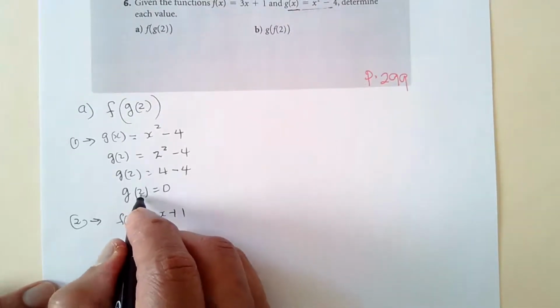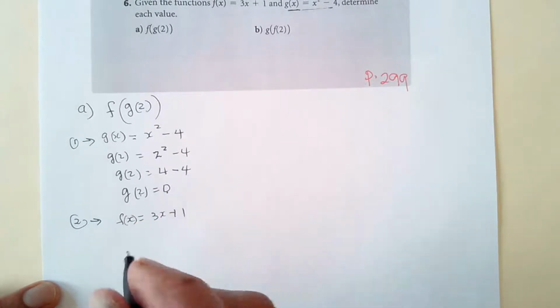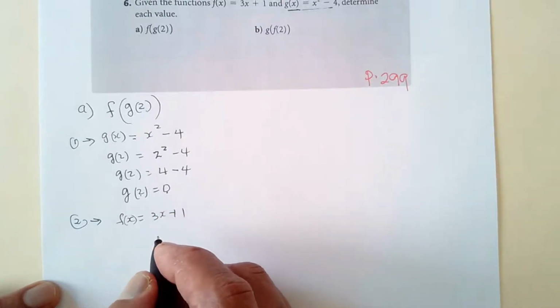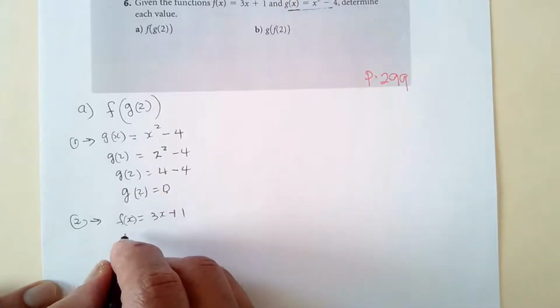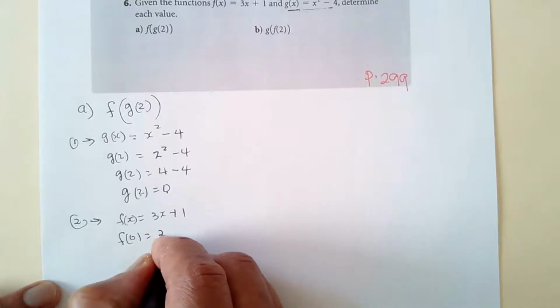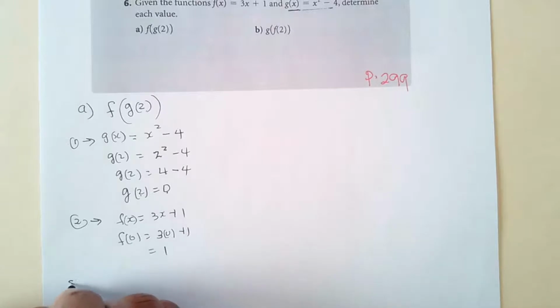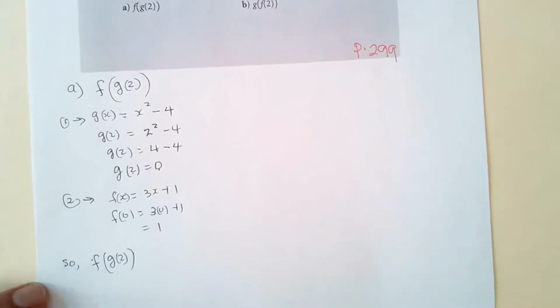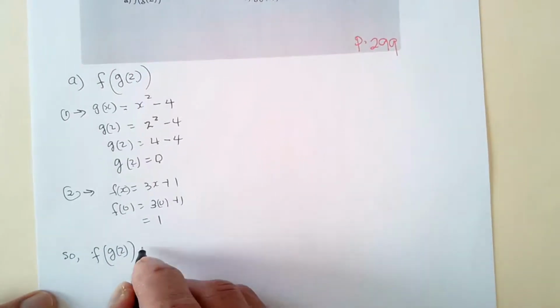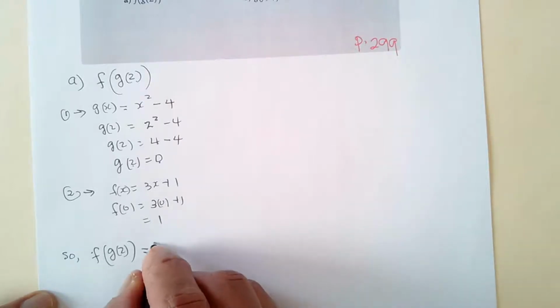So now f of 0 is equal to 3 times 0 plus 1, which is equal to 1. So f of g of 2 is equal to 1.